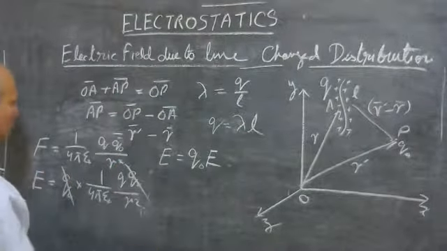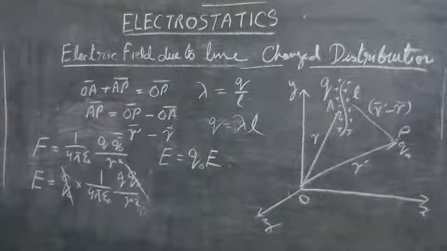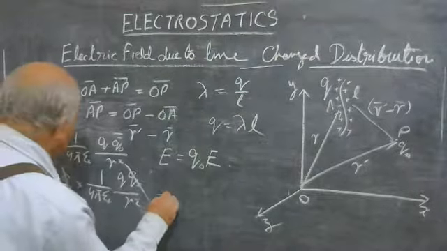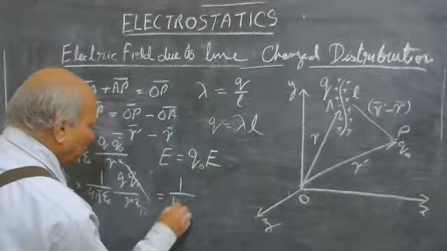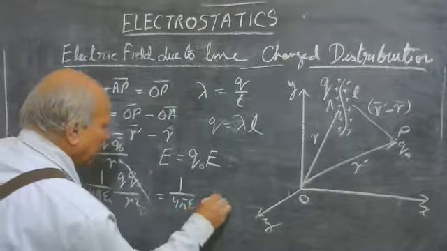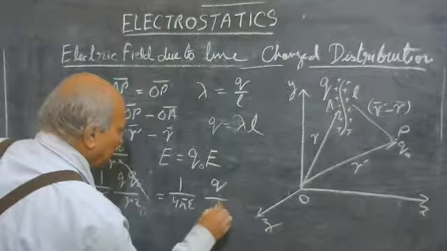This Q naught will cancel. Now electric field is equal to 1 upon 4 pi epsilon naught Q upon R square.